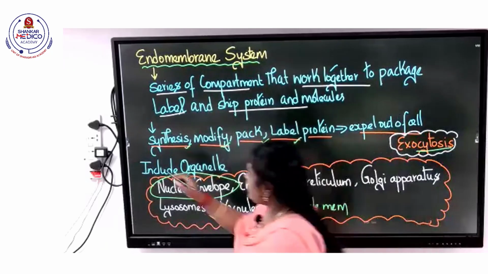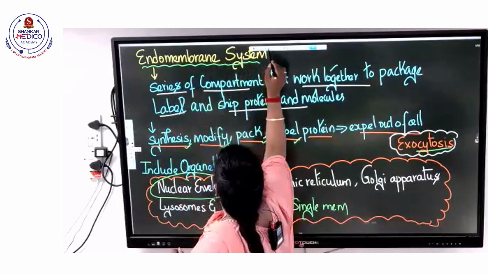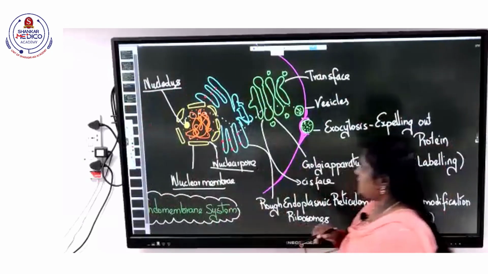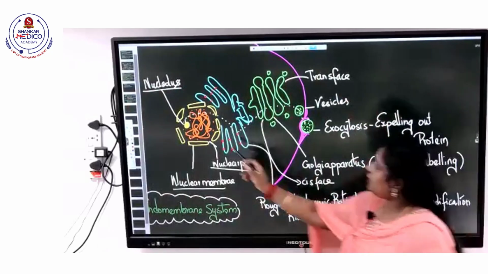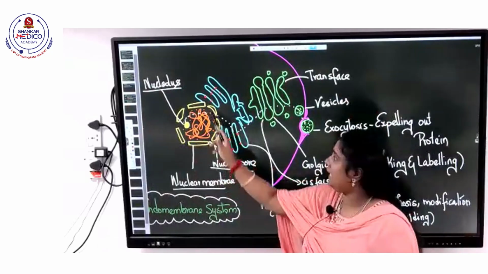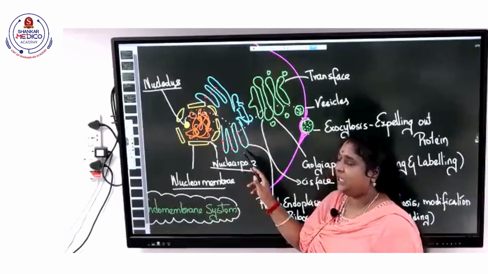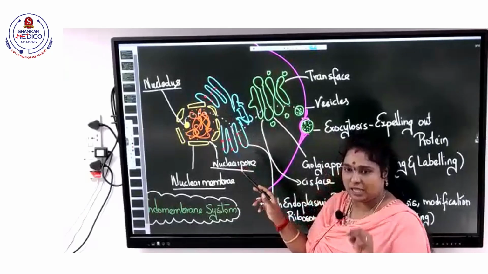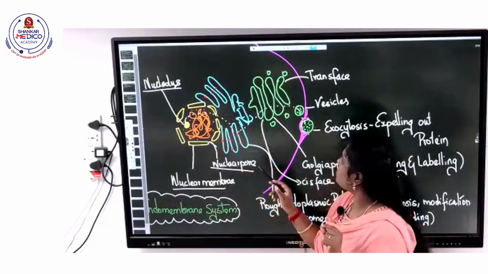Now we come to the next part. We'll see the pictorial representation of how the endomembrane system works. This is a cell I have drawn, and this part is the nucleus. This is the endoplasmic reticulum; since it is studded with red-colored ribosomes, we call it rough endoplasmic reticulum.